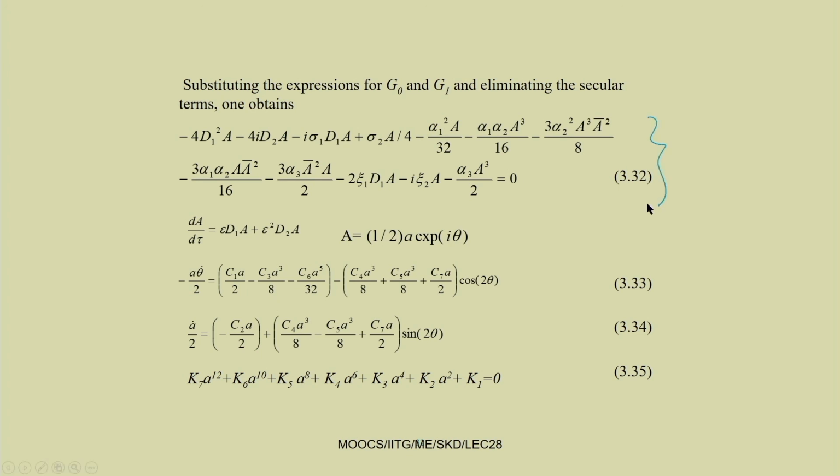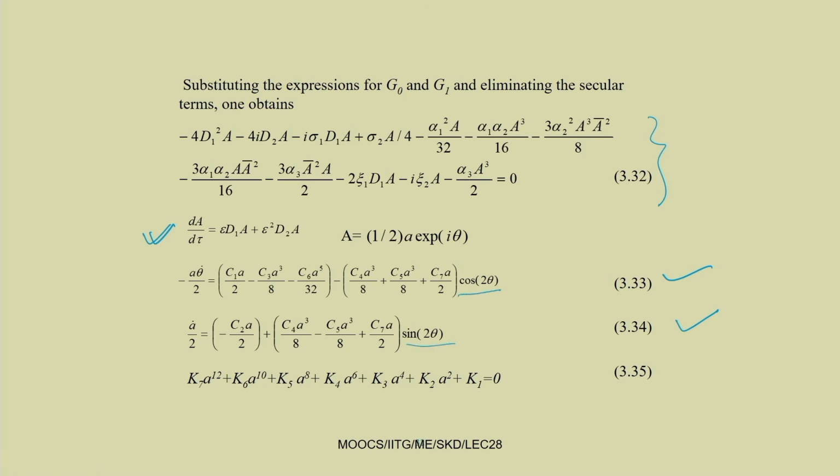Now, by substituting this dA by d tau, just note this part: we are taking dA by d tau equal to epsilon D1 a plus epsilon square D2 a, and taking a equal to half a e to the power i theta, and separating the real and imaginary parts. So, we have these two equations, with cos 2 theta and sin 2 theta terms.